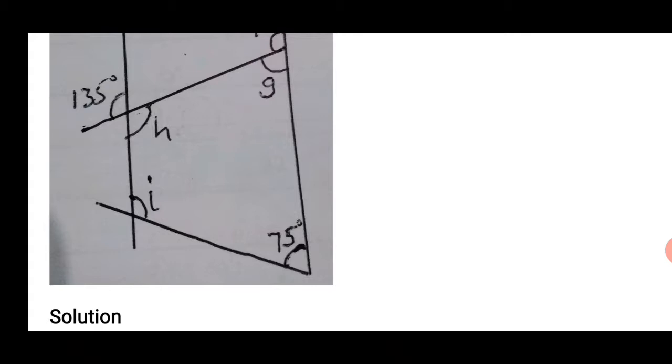The angles are G, H, I and 75 degrees. And of all the 4 angles, only I is unknown. 75 degrees has been given. Then we found our G. We also found H. So we are left with I. So it is easy for us to find angle I, having known the other 3 angles.